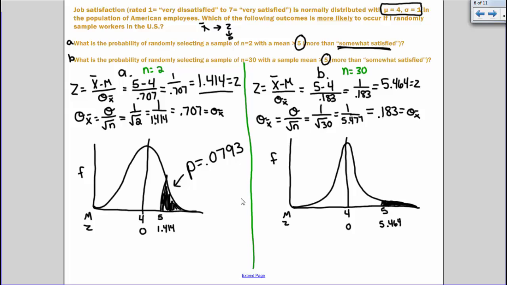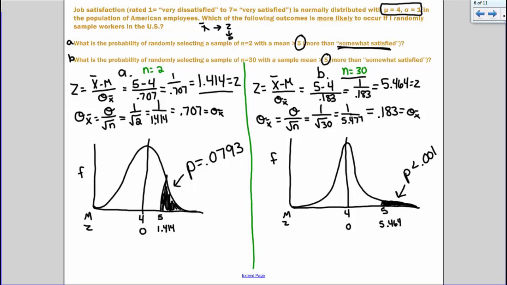But with the table, we can basically say that the probability, and since we round to the thousandths place, we'll just say less than 0.001. It's pretty much impossible that you would get a sample mean greater than 5 from this population when you have a sample size of 30.